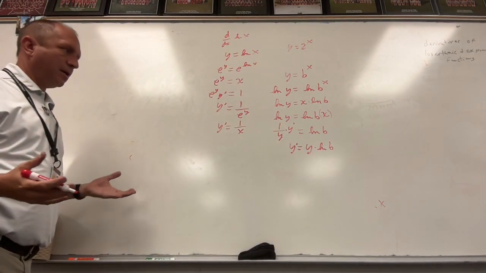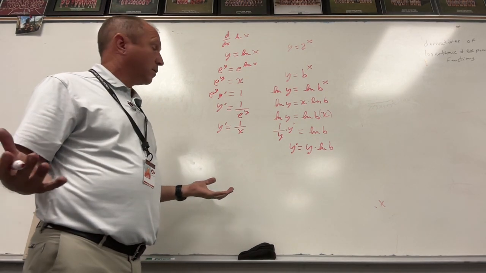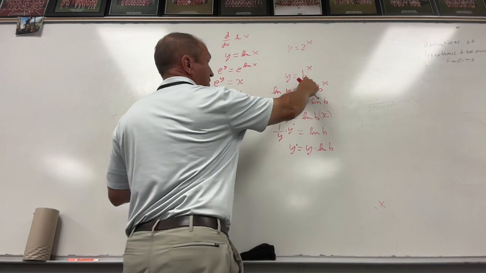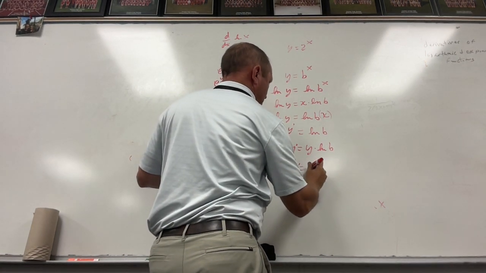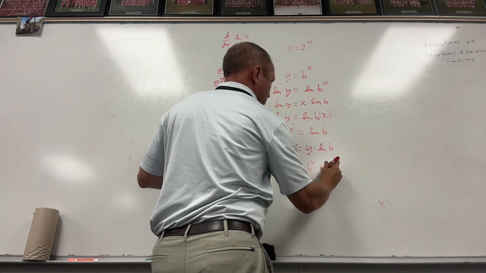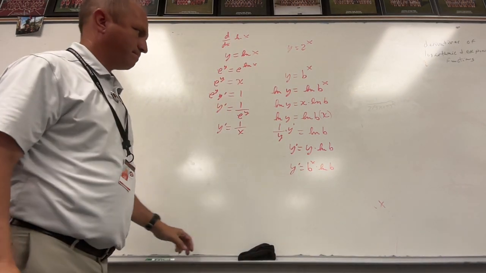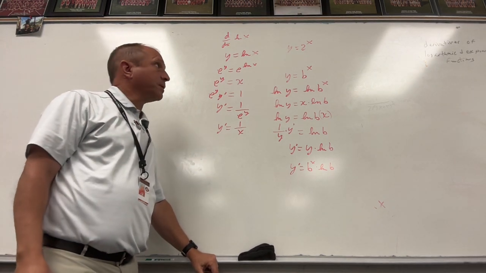But once again, you're given these equations in terms of x. So because y is the same thing as b to the x, y prime is going to be b to the x times the natural log of b. And that's the derivative of an exponential function.